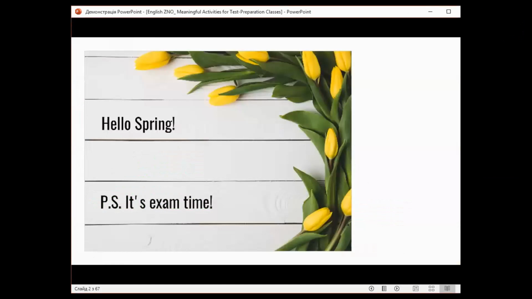This slide reminds us that spring is finally here. Although when I look outside my window today, it feels more like winter for me, because it's quite rainy and chilly. I don't know which cities you are from. You're welcome to write in the chat where you are from. And also maybe write in the chat whether you are teaching ZNO preparation classes, because spring for many teachers means time when you are actively working on test preparation.